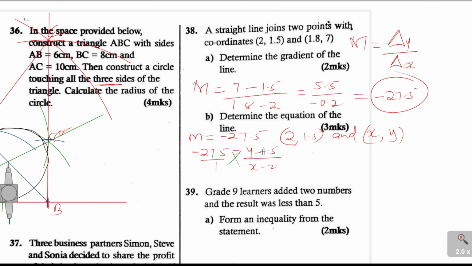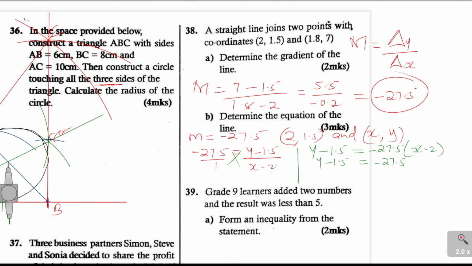I'll have y minus 1.5 times 1, which gives y minus 1.5 equals negative 27.5 multiplied by x minus 2. So y minus 1.5 equals negative 27.5 times x, and negative 27.5 times negative 2.